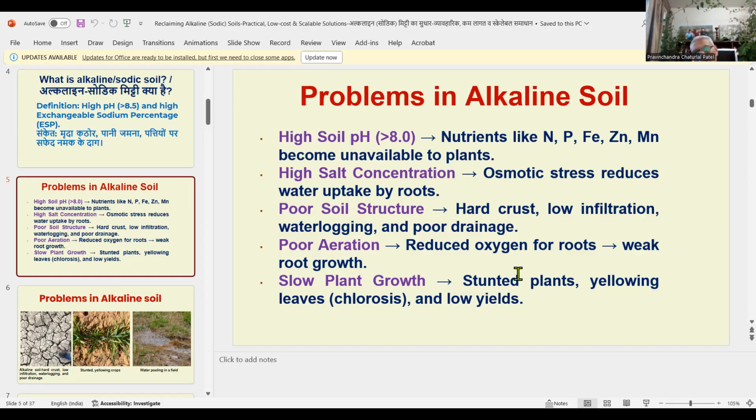So there is weak root growth. Plant growth and development depend upon root biomass, and in alkaline soil the root biomass is very low. Obviously, there is less uptake of nutrients from the soil, then slow plant growth, stunted plants, yellowing leaves, chlorosis, and low crop yield.